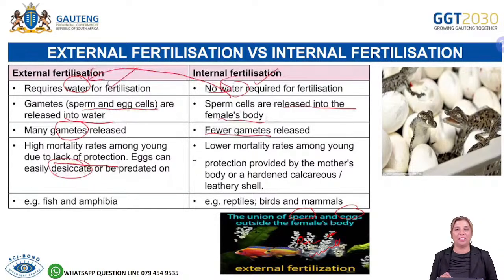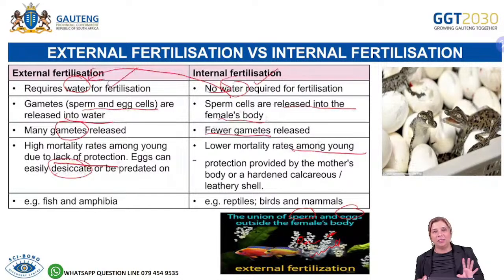So yeah, very interesting. And then lower mortality rates amongst the young in internal fertilization, because think about it, when you were a baby you were not left to your own devices. You didn't feed yourself the bottle, or help yourself to walk, your parents helped you. There was parental care. And you didn't go and stick your finger in the socket, I hope not, because your mom would have stopped you and said, no, that is dangerous, my child.